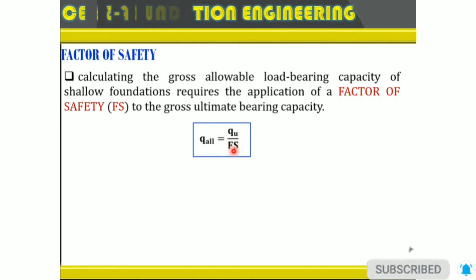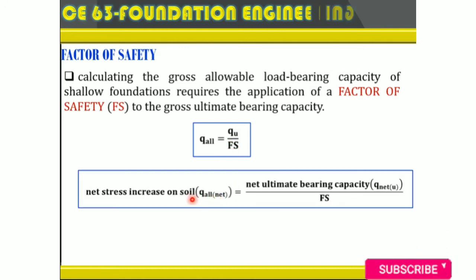If you consider the net stress increase in soil, Q allowable net is equal to the net ultimate bearing capacity, Q net U, over this factor of safety.